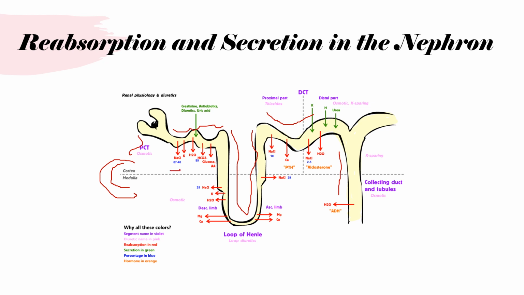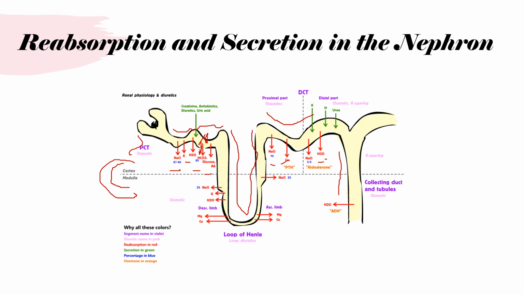You don't have to memorize this, but this is showing you how and where those different minerals, such as your sodium chloride, your potassium, this HCO3 here, which is bicarb, and your glucose, move.